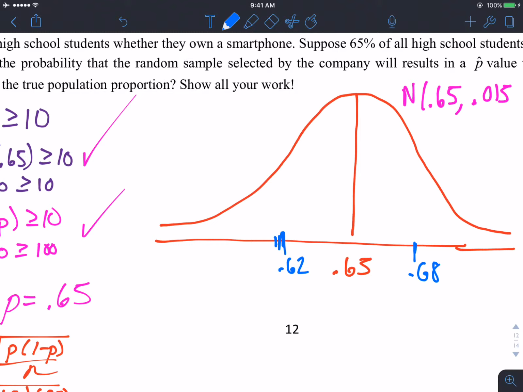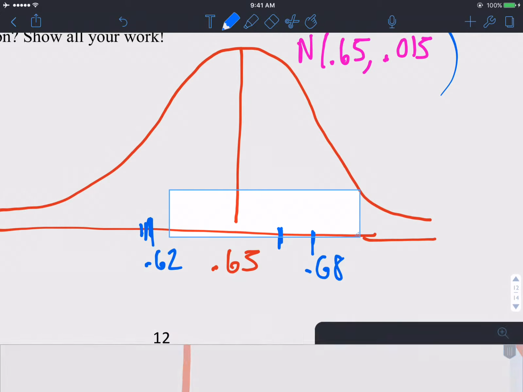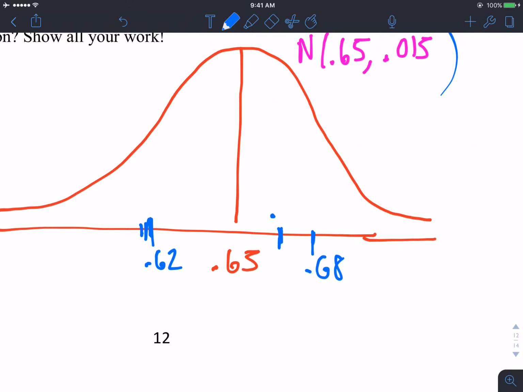But if you want to be clever and a little faster, my standard deviation is 0.015, so the first standard deviation mark is at 0.665, and down here it is at 0.635.